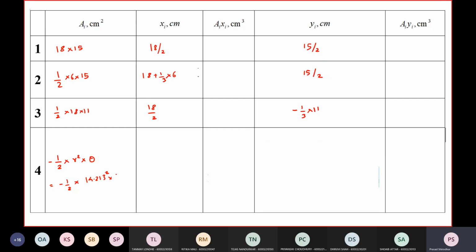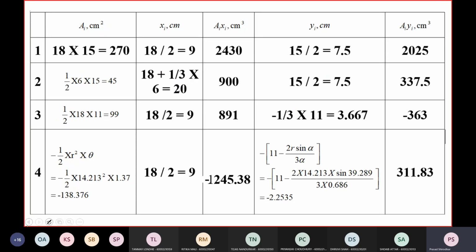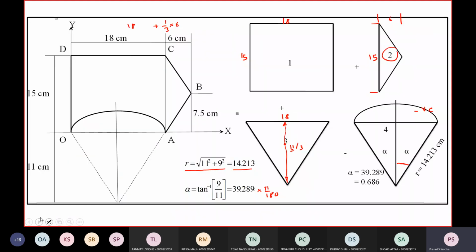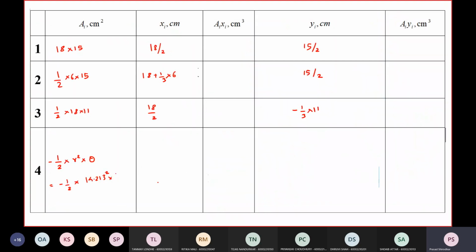Calculate this. How much is that angle? This is theta. This is in radians.